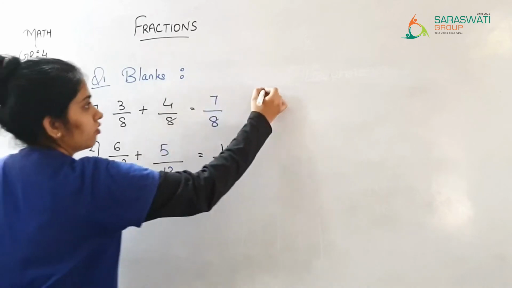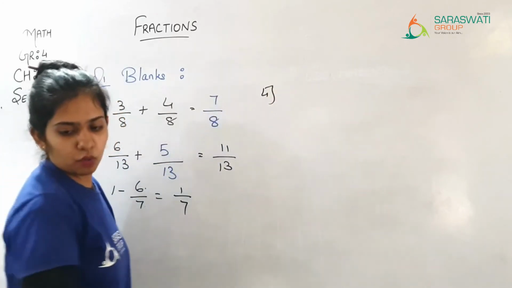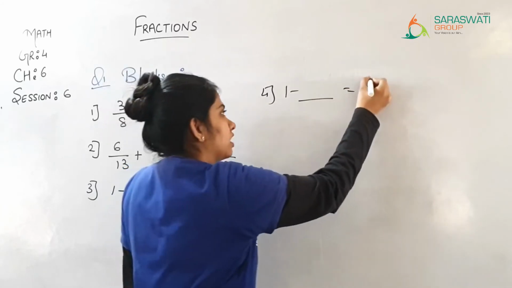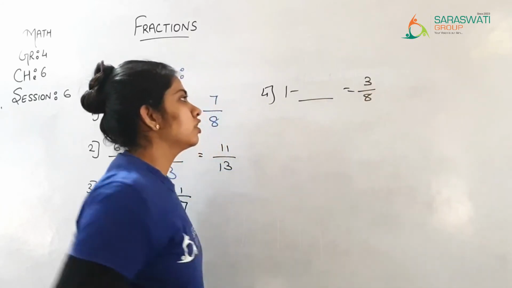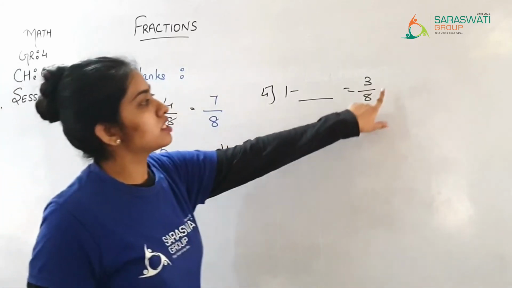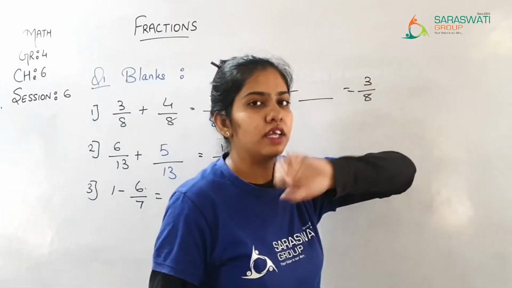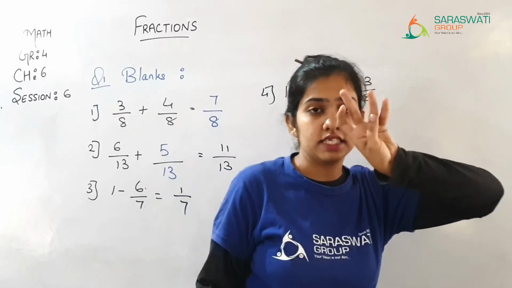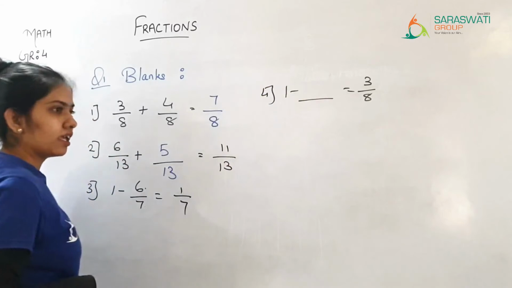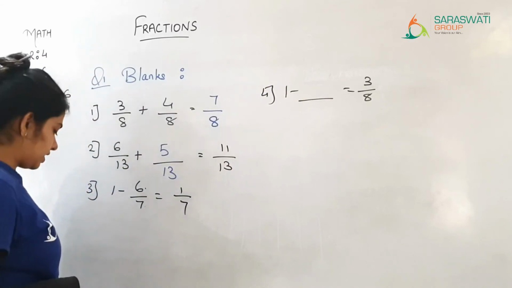Then afterward, number 4, that is 1 minus blank equals to 3 by 8. 3 by 8, right? यहाँ पे 8 पार्ट्स हैं, उसमें से हमें आंसर 3 मिला, तो अभी कितने पार्ट्स पेंडिंग हैं? 4, 5, 6, 7, 8. 5 पार्ट्स पेंडिंग हैं. So over here your answer will be 5 by 8.